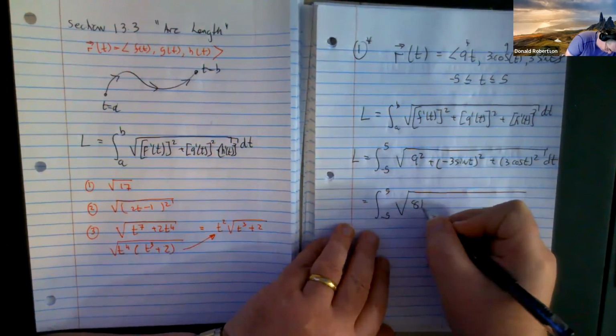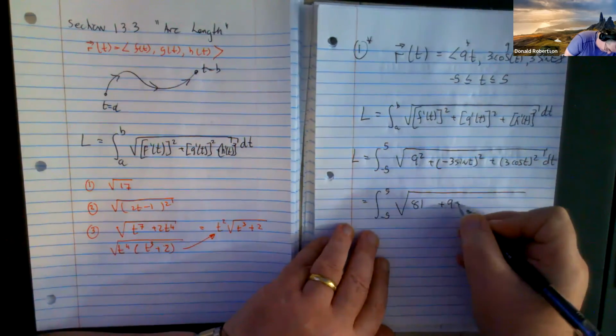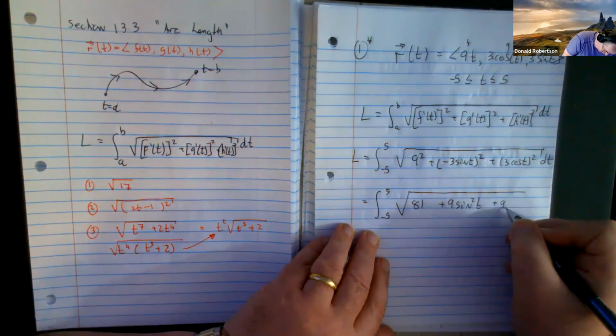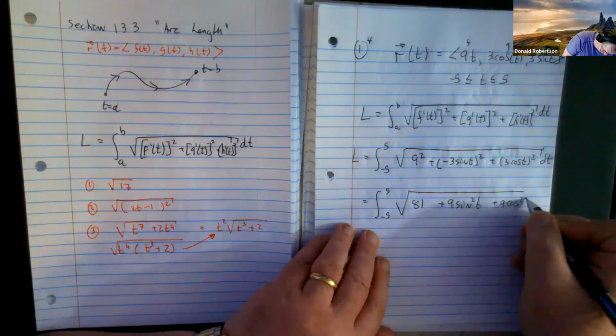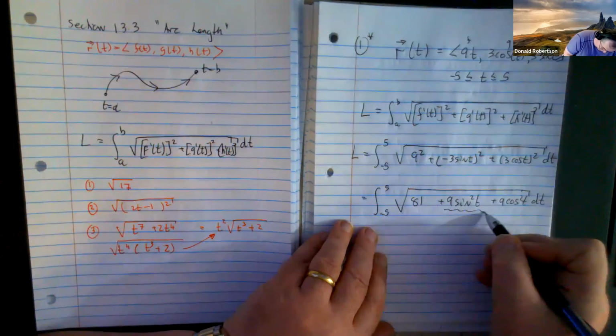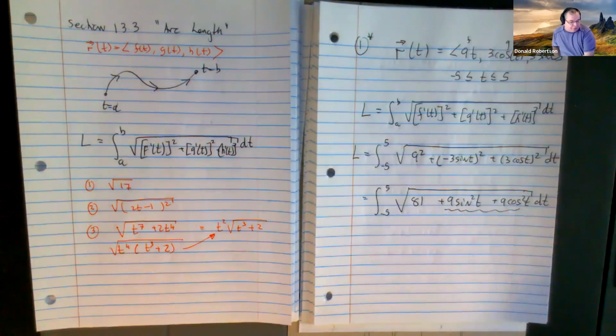9 squared is 81. This guy is 9 sine squared t, and this guy is 9 cos squared t. Can anybody see a nice identity for those two guys?